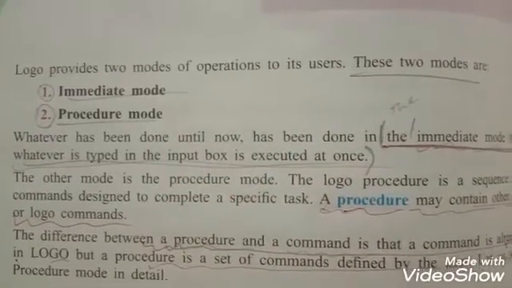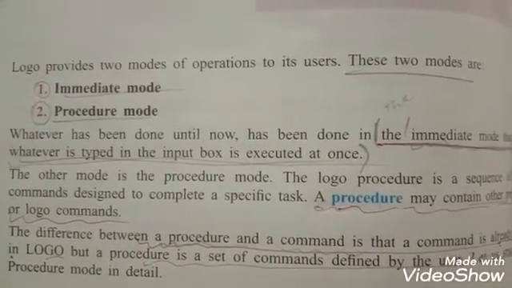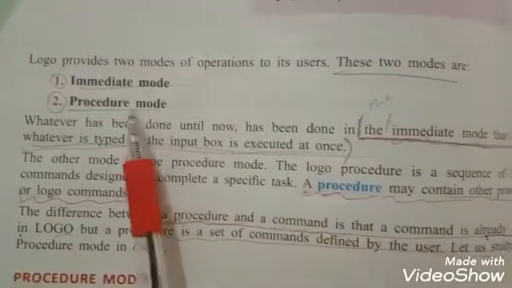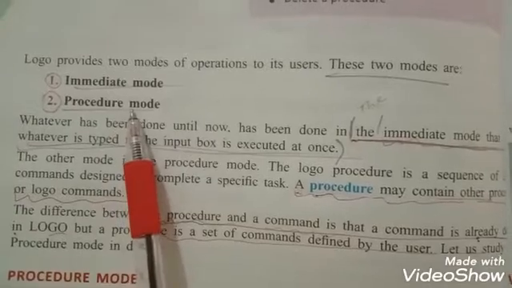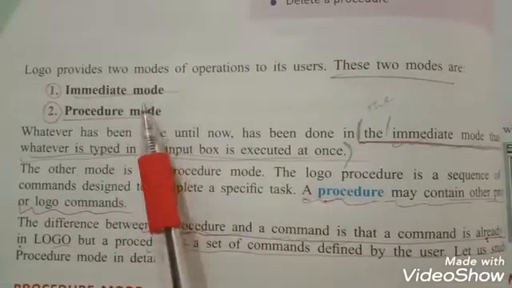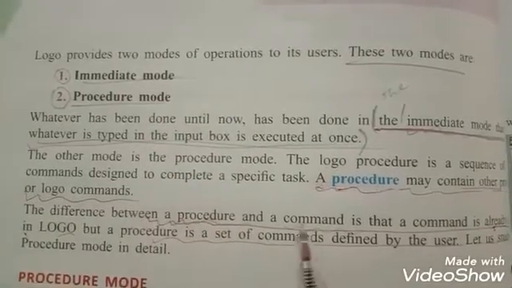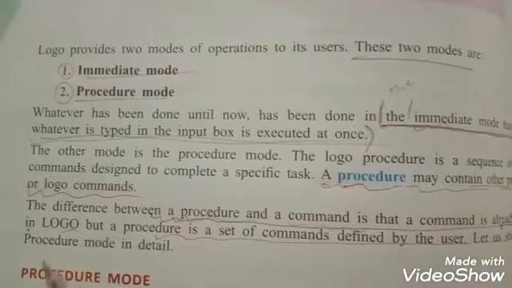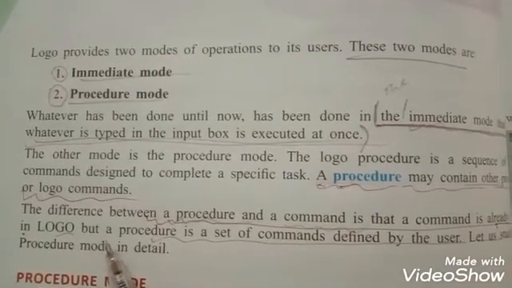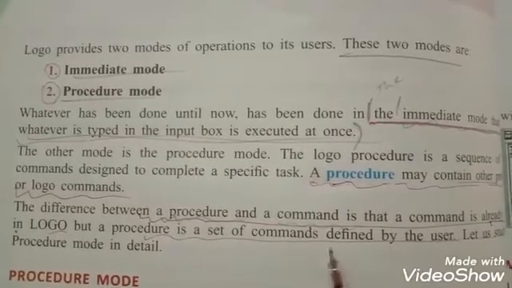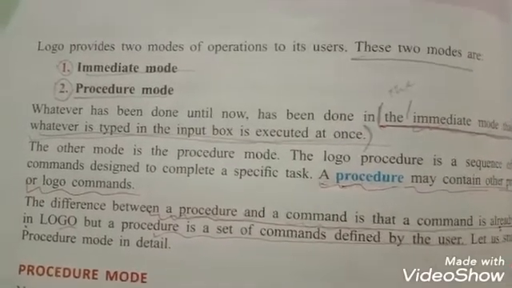And procedure mode is a mode that may contain other procedures or Logo commands. The difference between immediate mode and procedure mode is that a command is already defined in Logo, but a procedure is a set of commands defined by the user.